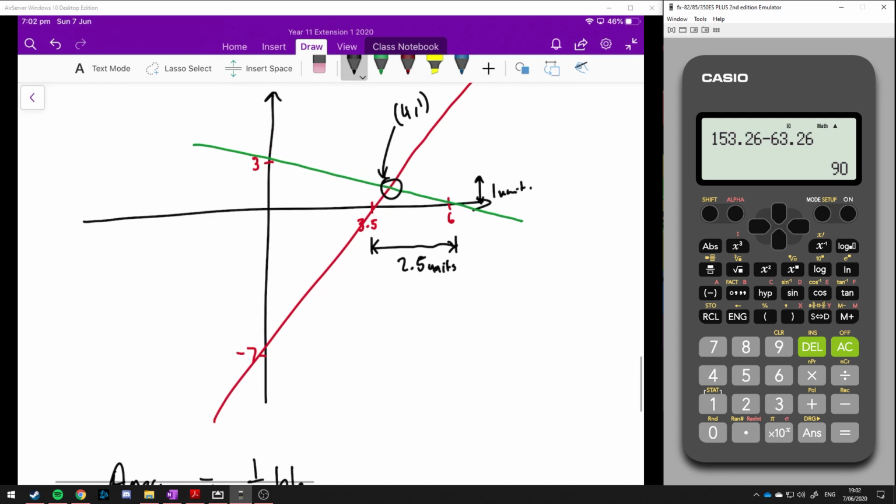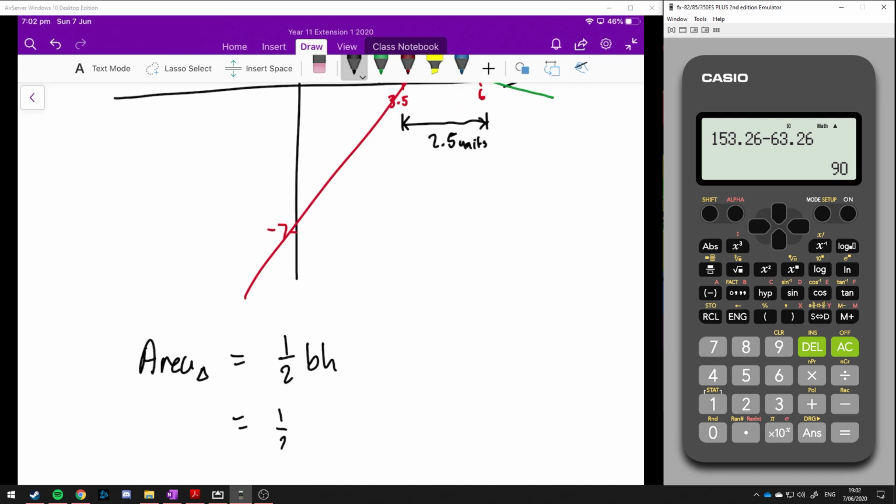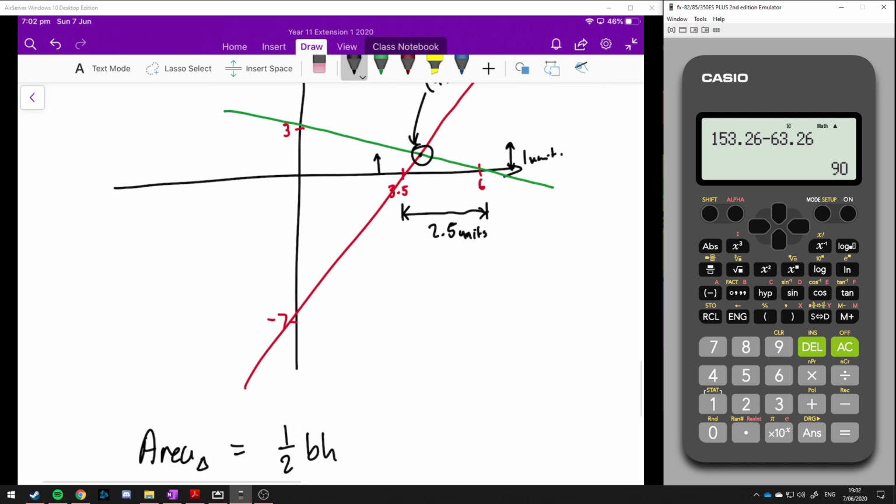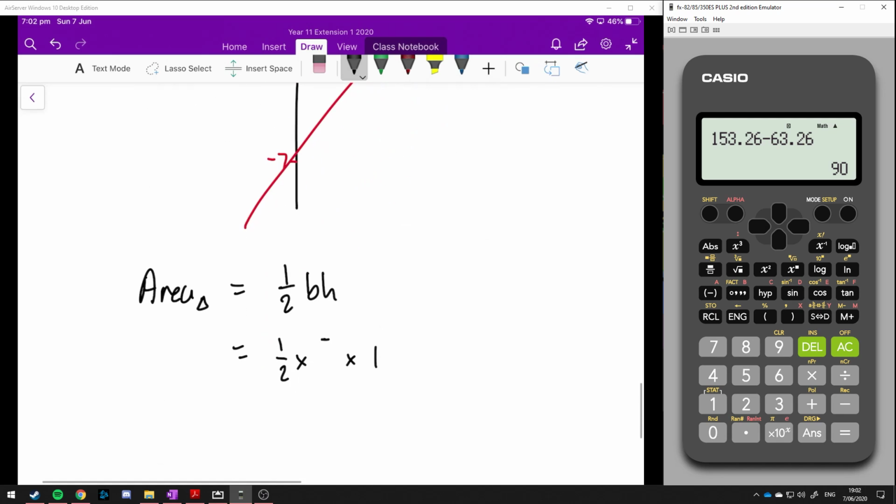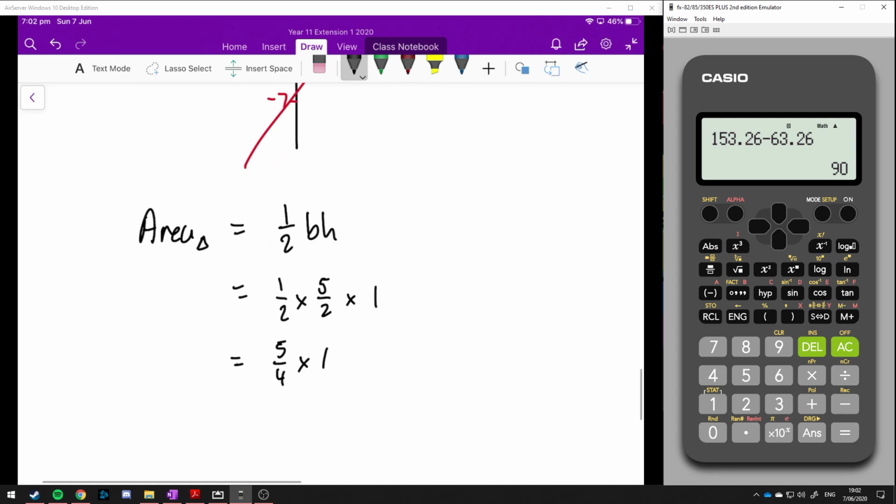So the height is 1 unit because that point there is at 4, 1. So our height in this case is equal to 1, and the difference between the two x-intercepts is equal to 2.5. So that's 5/2. Okay, so my area in this case is going to be 5/4 times 1. So the area is equal to 5/4 units squared.